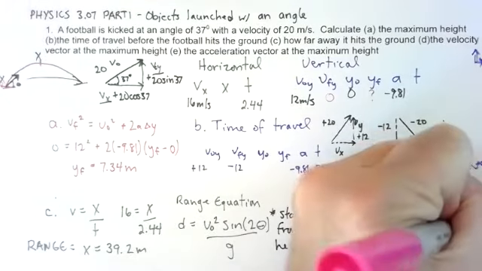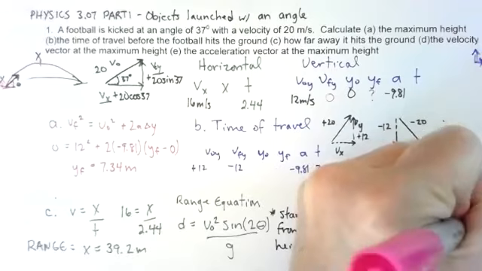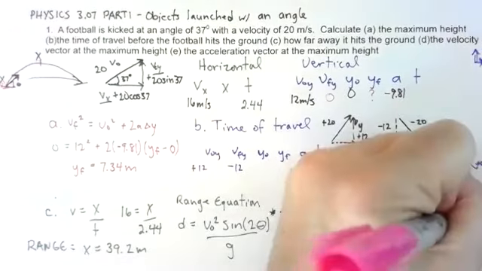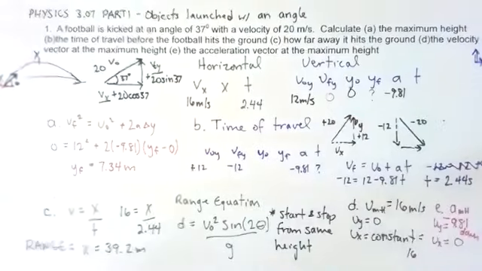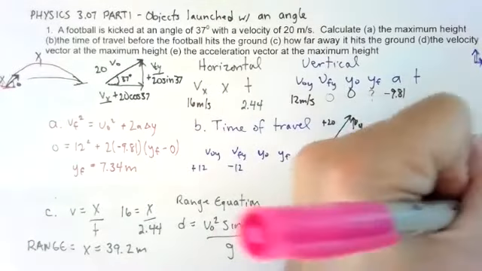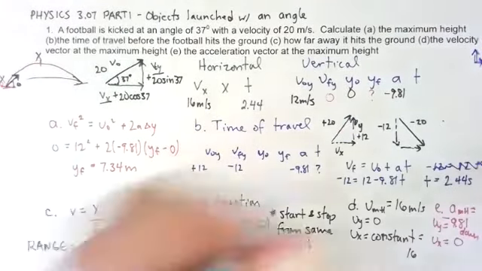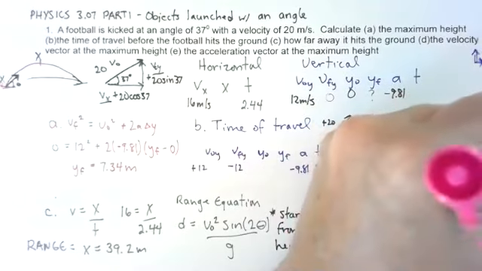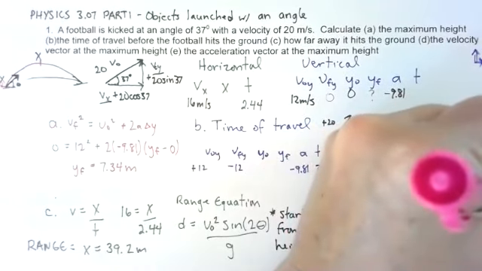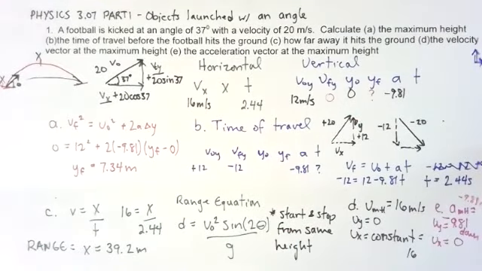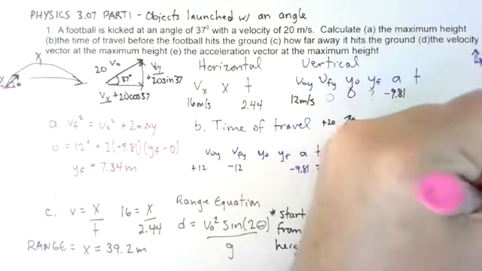Hopefully here you said negative 9.81 down, and in this case, it's going to be negative because of our coordinate system. So that means that my overall acceleration is going to be negative 9.81 meters per second squared.